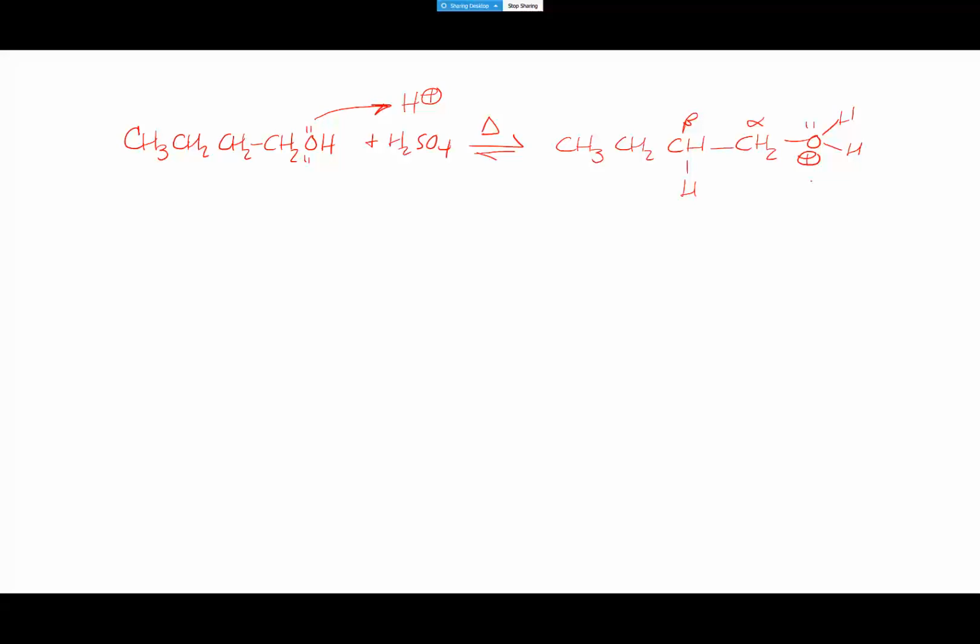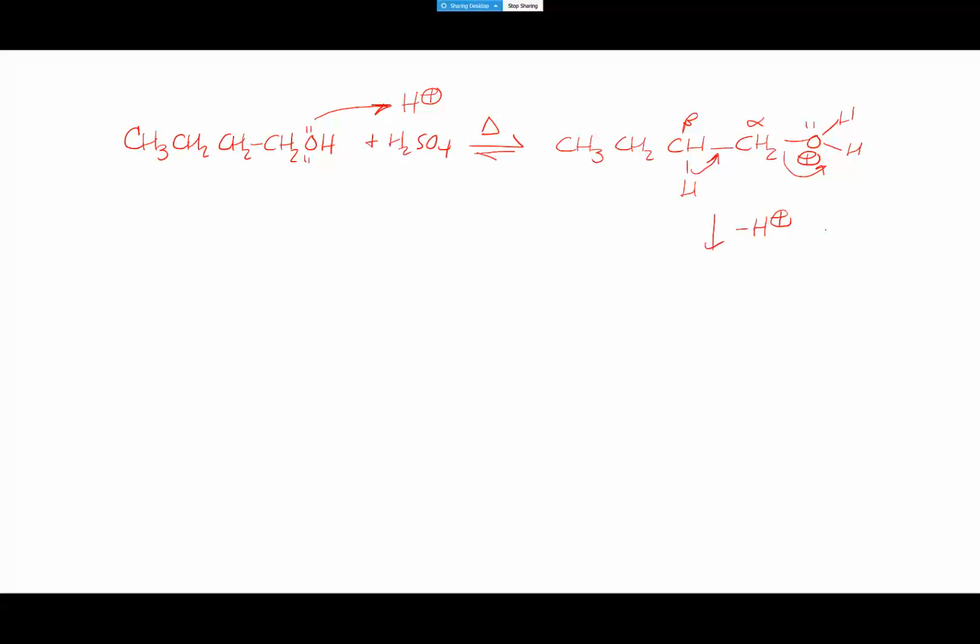So how about we lose the water, but at the same time, let's lose the H plus and have that pair of electrons go to form the double bond. And if you wanted to, you could shift the H plus, but if I specifically said no rearrangements on this, then we're going to lose an H plus here.